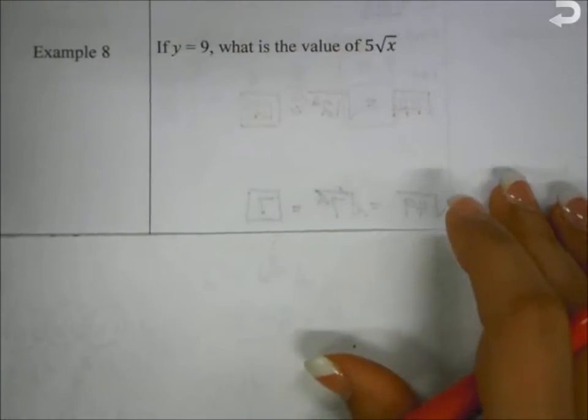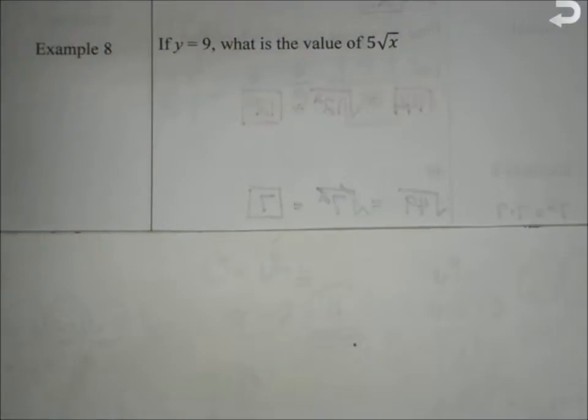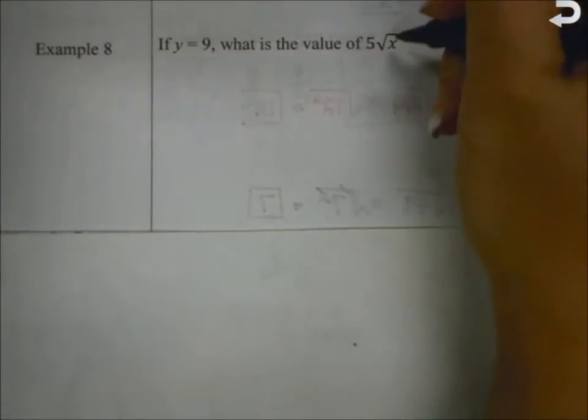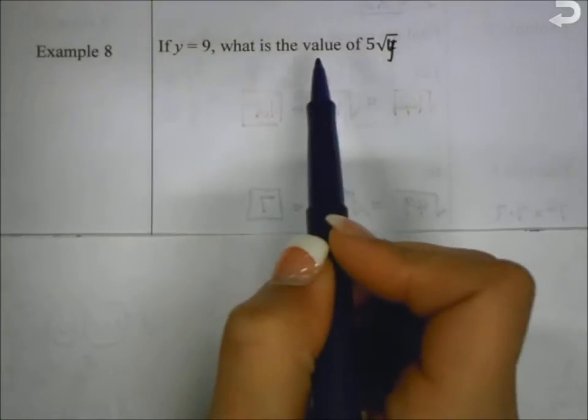What do you think my first step is going to be in here? I need to plug it in. So we need to take y equals 9 and plug it in for y in here. So what would my expression be?